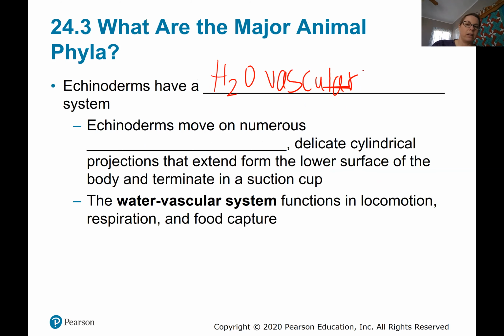But they have a lot of, on the underside of them, what are called tube feet, not feed, that help them move around. They're like little baby suction cups. They help them move and circulate substances through their water vascular system. So that system helps with capturing food, getting nutrients and oxygen through, and also helps with their movement.